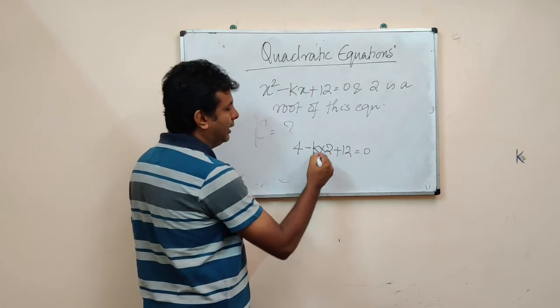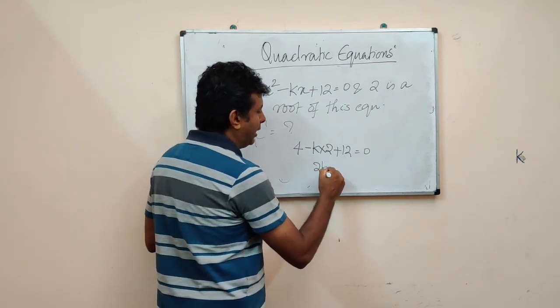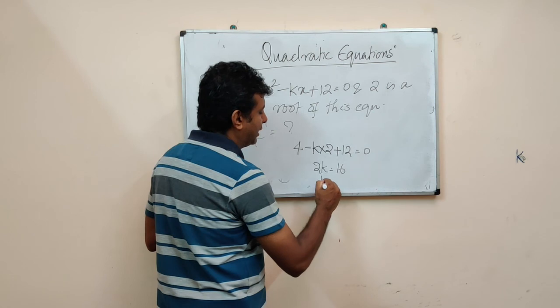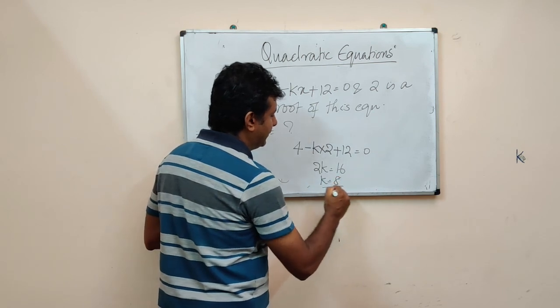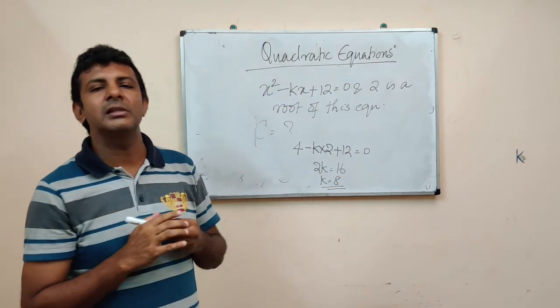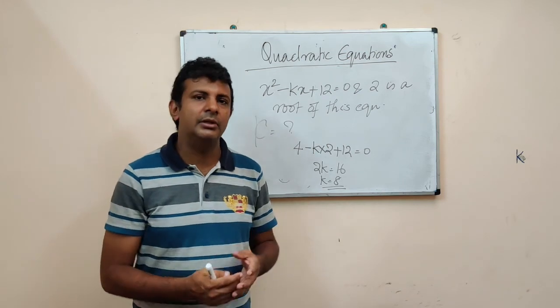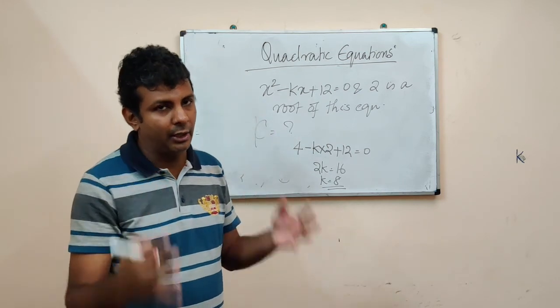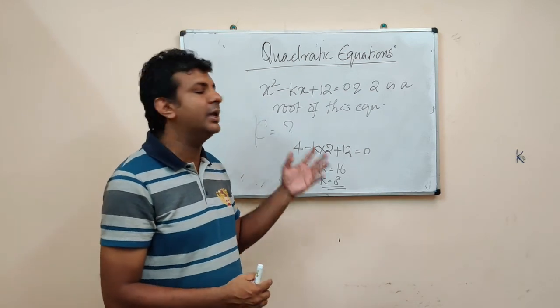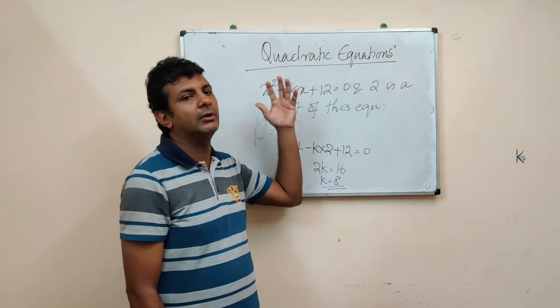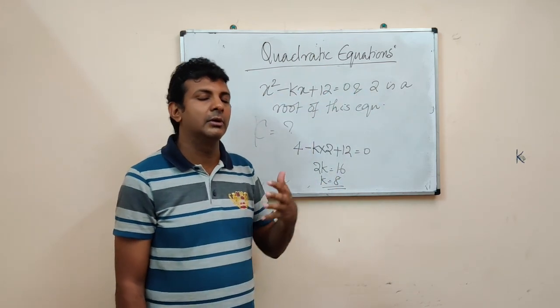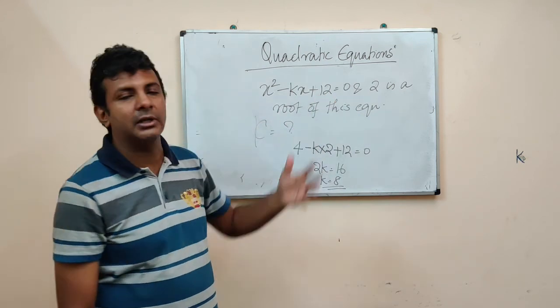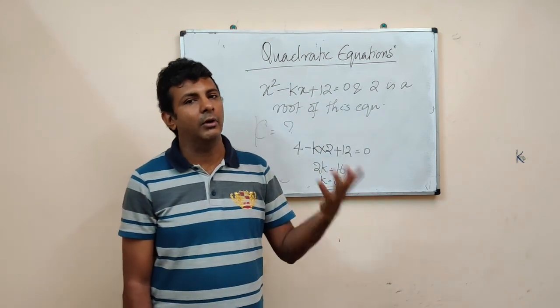So that will yield 2k equal to 16 and k is equal to 8. This is a classic application question. Once you understand what is meant by root, then it is very easy for you to apply those concepts to these kinds of questions to be able to solve them.